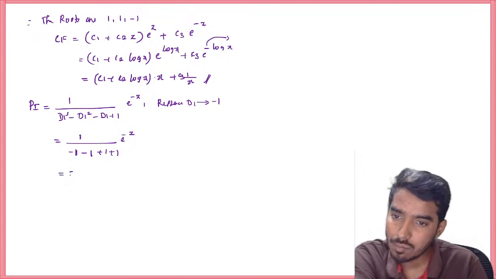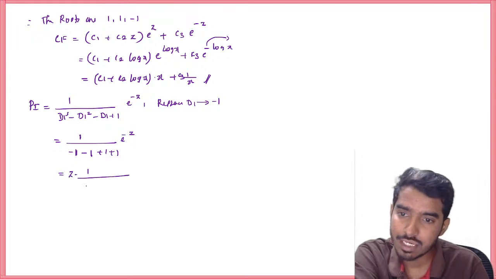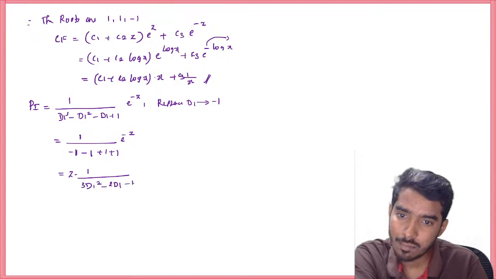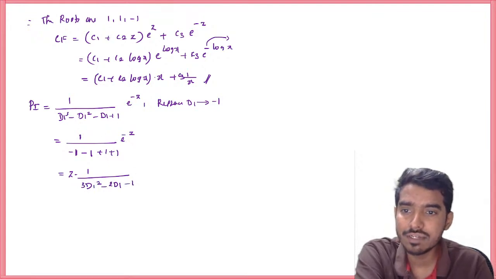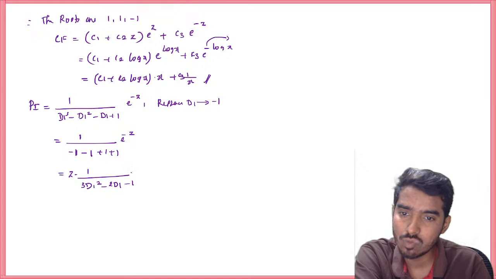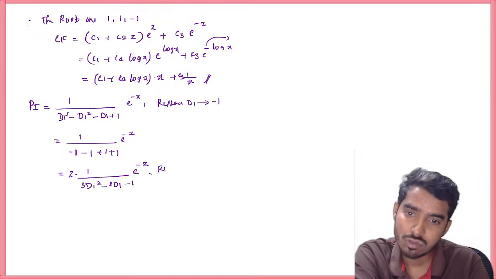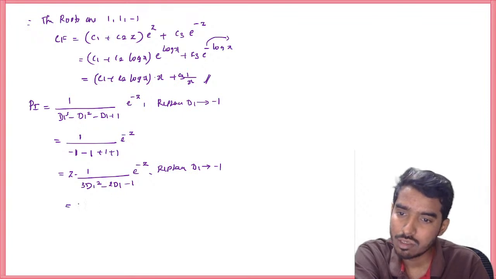So what you have to do? Multiply by z, differentiate the denominator. So 3D1 square minus 2D1 minus 1, right? Differentiate this. 3D1 square minus 2D1 minus 1, e power minus z. So again you replace D1 by minus 1. So we'll have z into 1 divided by 3 into minus 1 whole square, 2 into minus 1, e power minus z.